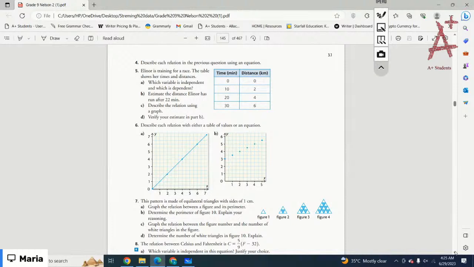So you can make a graph using any online tool. You have to say which variable is independent and which is dependent. Okay, you can see time is the independent variable and distance is the dependent variable because distance depends on the time.